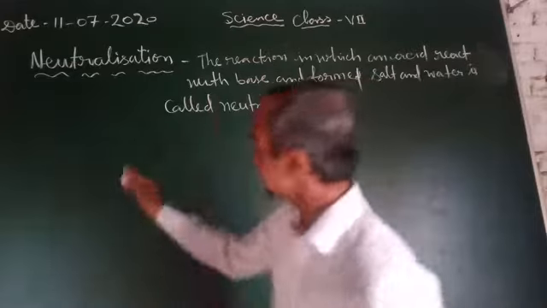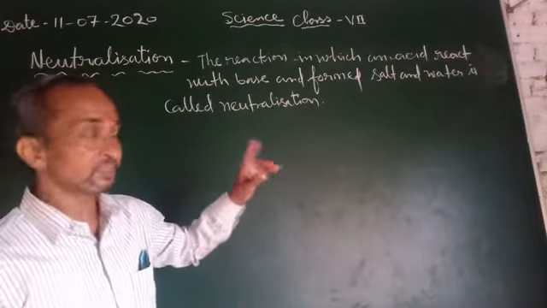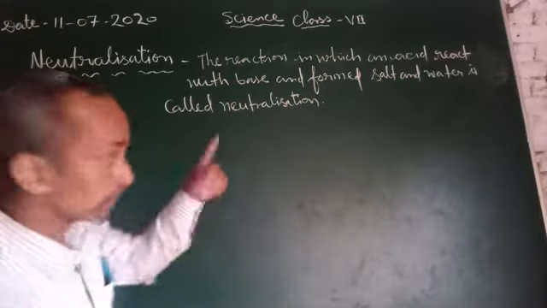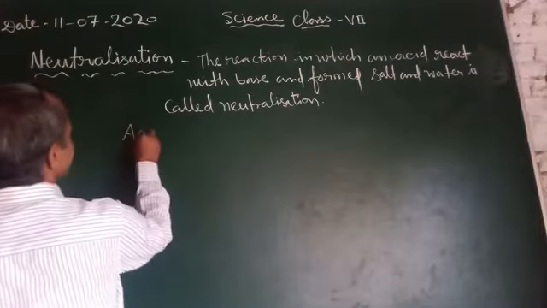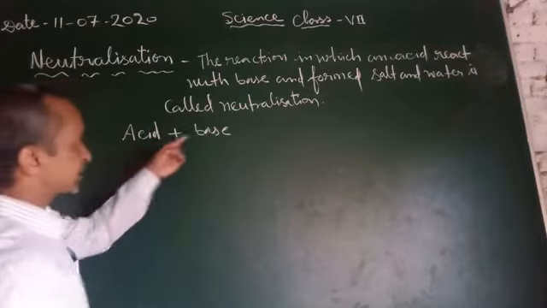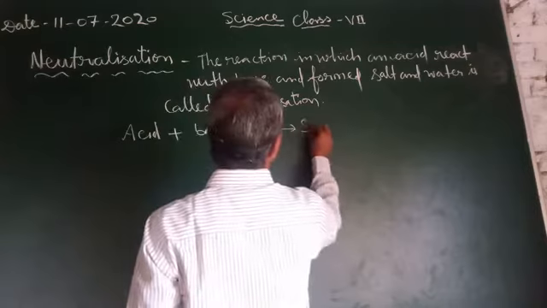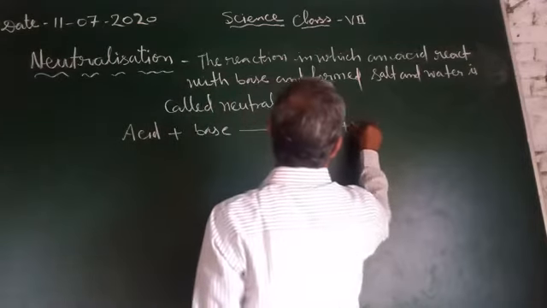So this is the definition of neutralization. In formula, you can represent it as acid plus base. When acid reacts with base, it becomes salt and water.